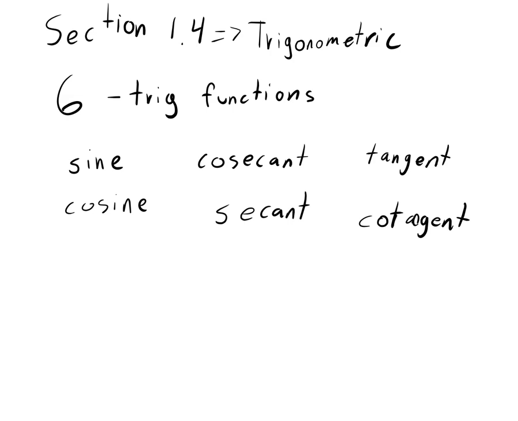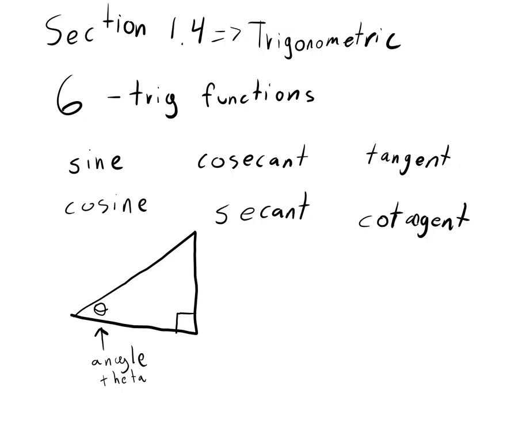And the whole point is we're going to associate for a given right triangle some angle. We are going to use the Greek theta almost always to represent an angle, and we're always going to utilize a right triangle.